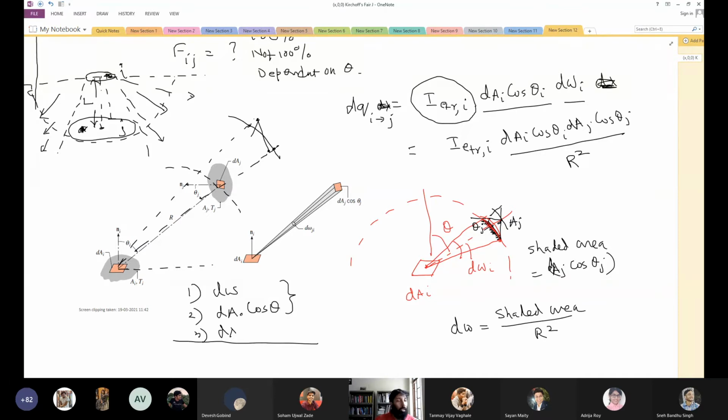Now, a small thing needs to be done. We'll write it in terms of radiosity. This is not radiosity, this is the emitted and reflected intensity. It's integrated and gives us radiosity.